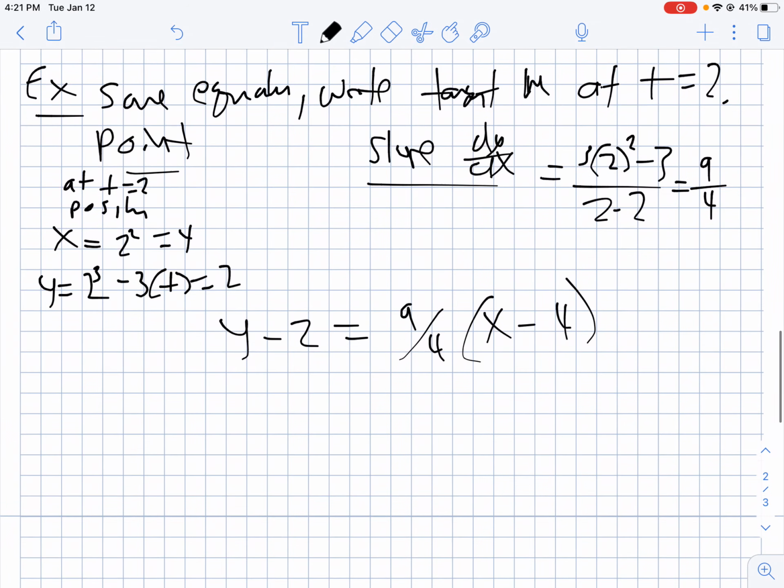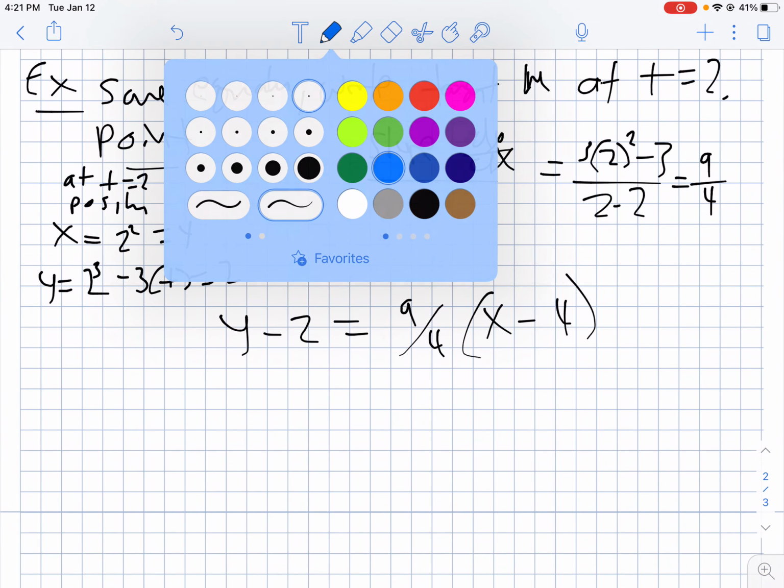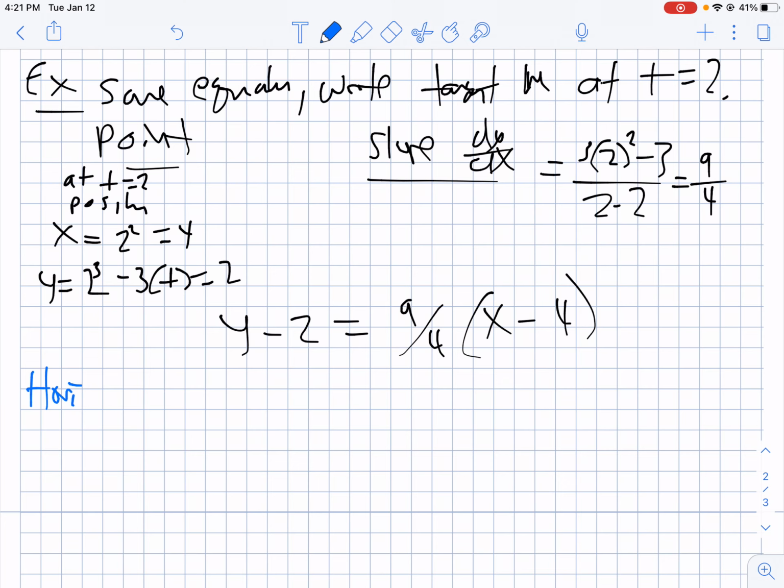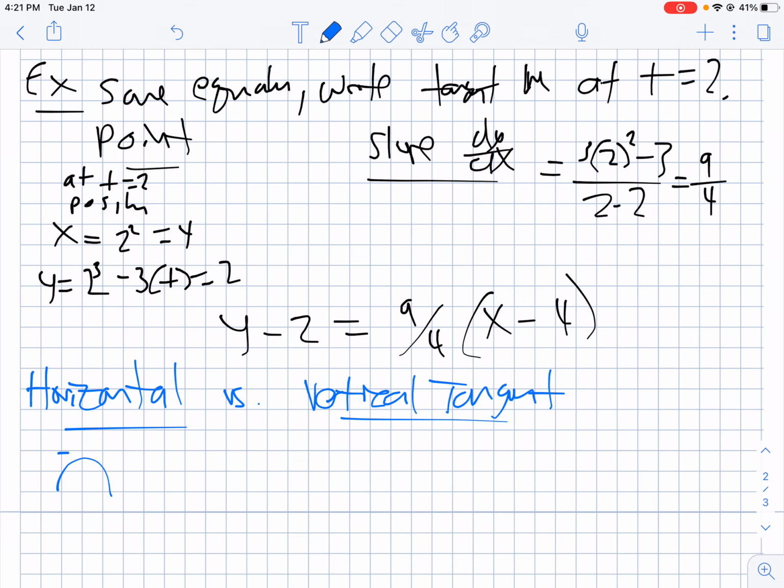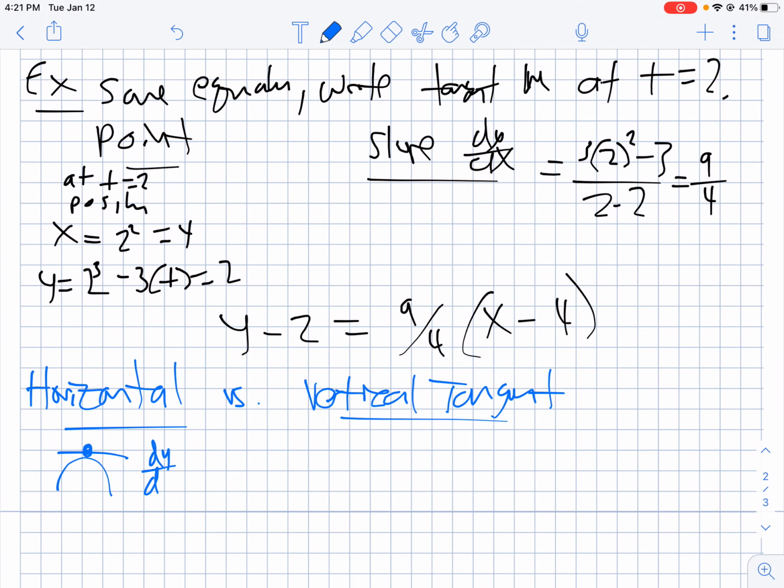The other thing we might want to talk about, and we've seen some problems like this before, is a horizontal tangent versus a vertical tangent. A horizontal tangent, as you may remember, means that you have a slope equal to 0.